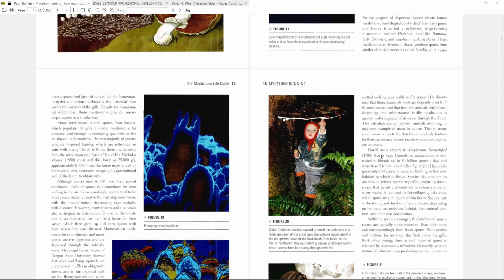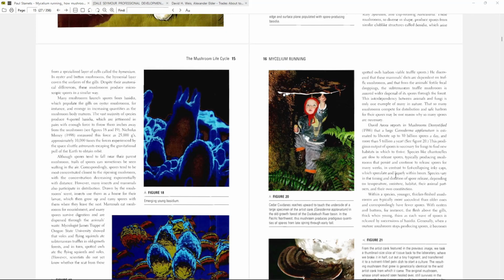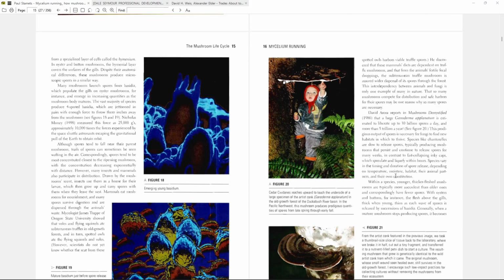That so many mushrooms compete for distribution and safe harbors for their spores may be one reason why so many spores are necessary. David Arora reports in Mushrooms Demystified, 1986, that a large Ganoderma applanatum is estimated to liberate up to 30 billion spores a day and more than 5 trillion a year. See figure 20.